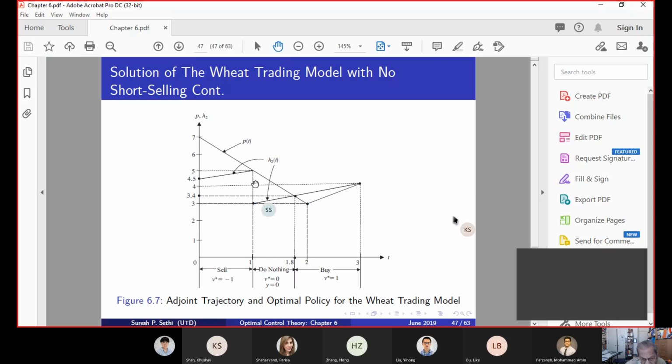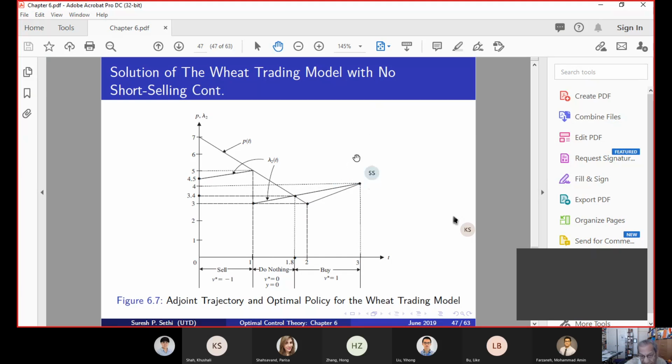At this point, I cannot buy, because price is going down. So buying is no good. And if I buy all the way for a price going up here, maybe there'll be a very high price here. That's no good because that's too far from 1, it's 2 units later. I can keep the wheat for 2 units later if it is a very large amount here.